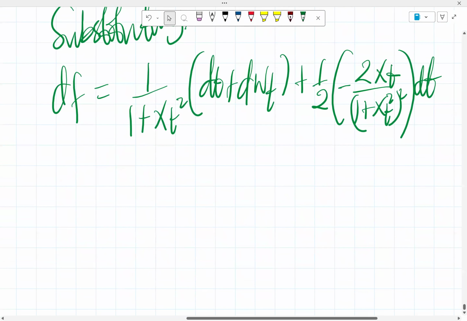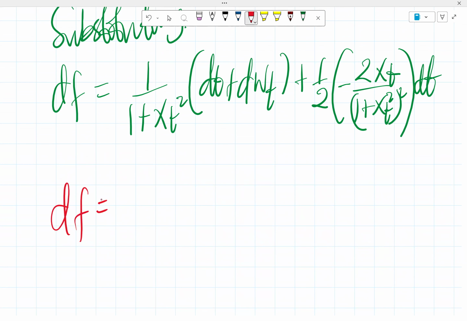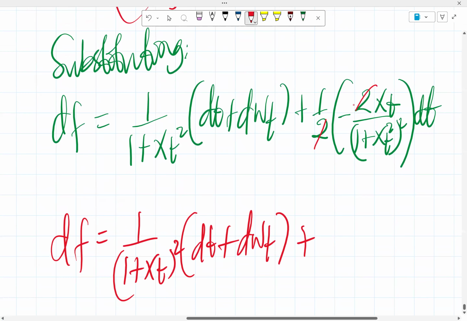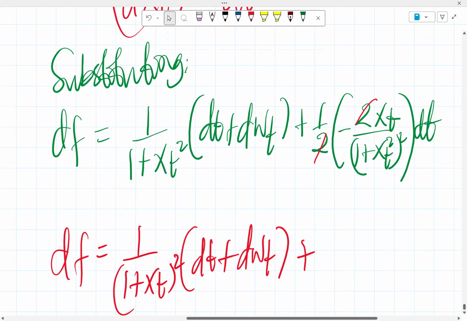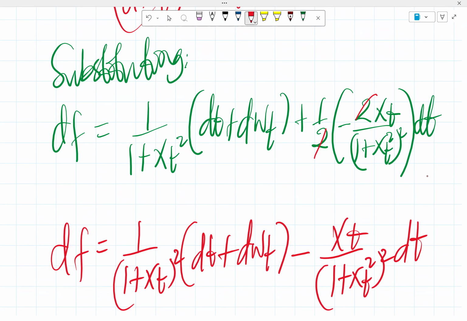So then we try to tidy things up, and we have df to be 1 over 1 plus x t squared into dt plus dw sub t, plus, if we tidy this up, 2 cancels 2 here. In fact, this is going to become minus. So we have minus x sub t over 1 plus x sub t squared dt.